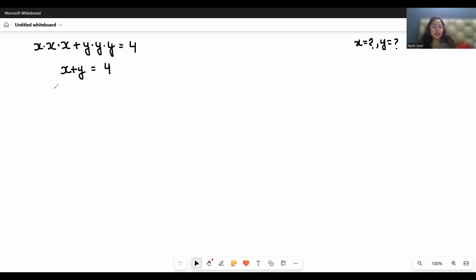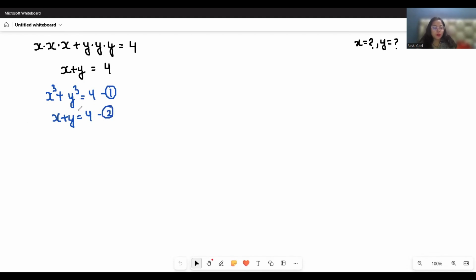So to solve this, first I am going to write x cube plus y cube equal 4, and consider this as equation number 1, and x plus y equal 4 as equation number 2.